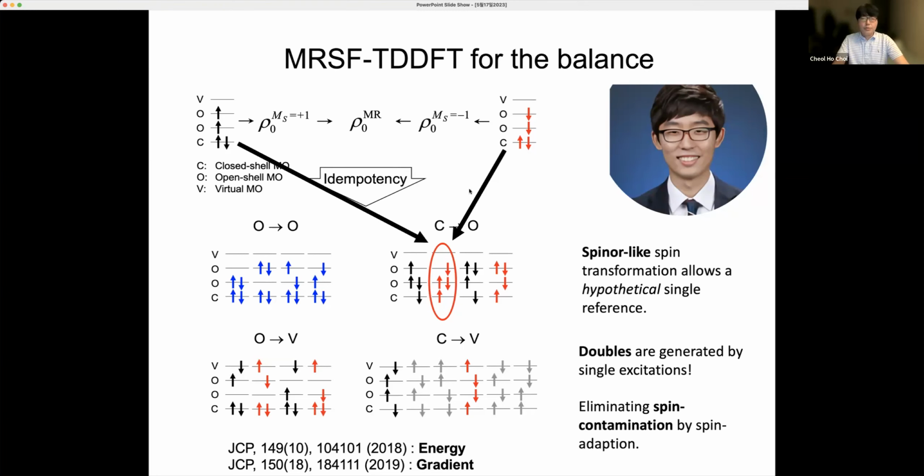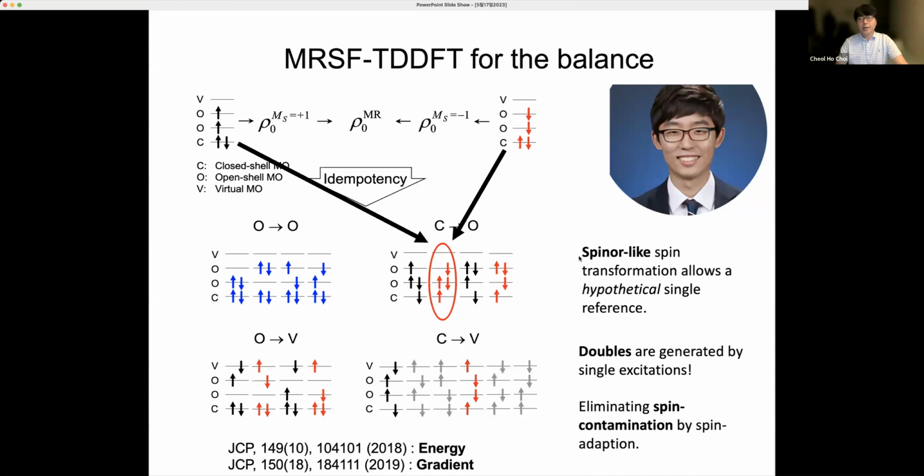As soon as you start using two references, your combined density becomes non-idempotent, which is incompatible with linear response theory. So it was a really difficult time to think about how to overcome this. And we came up with an idea we call the spinor-like transformation. The idea is very simple.